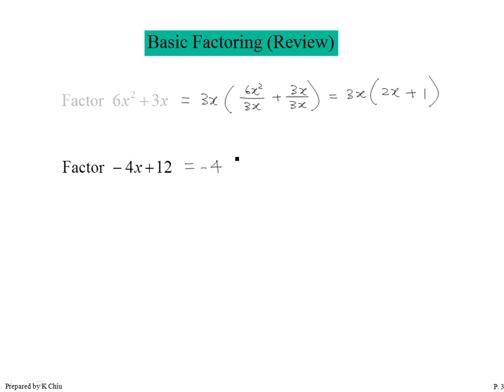So let's see what happens. If I factor out the negative 4 times, the leftover would be negative 4x divided by negative 4 plus 12 divided by negative 4.